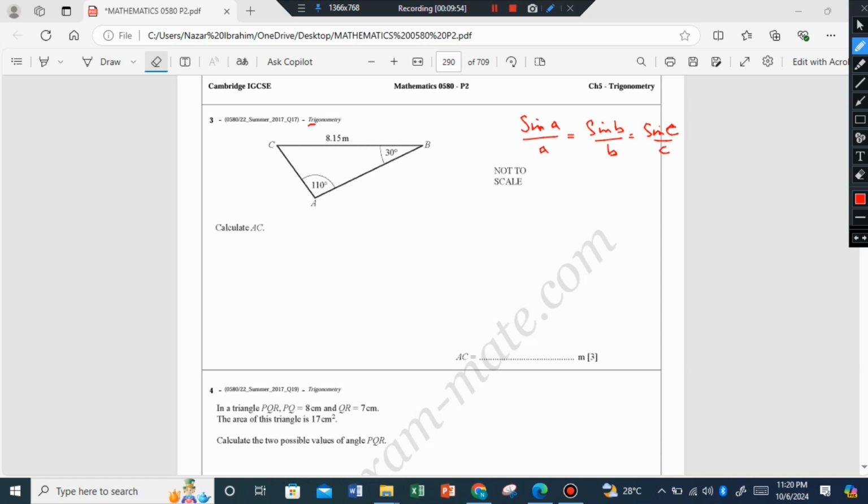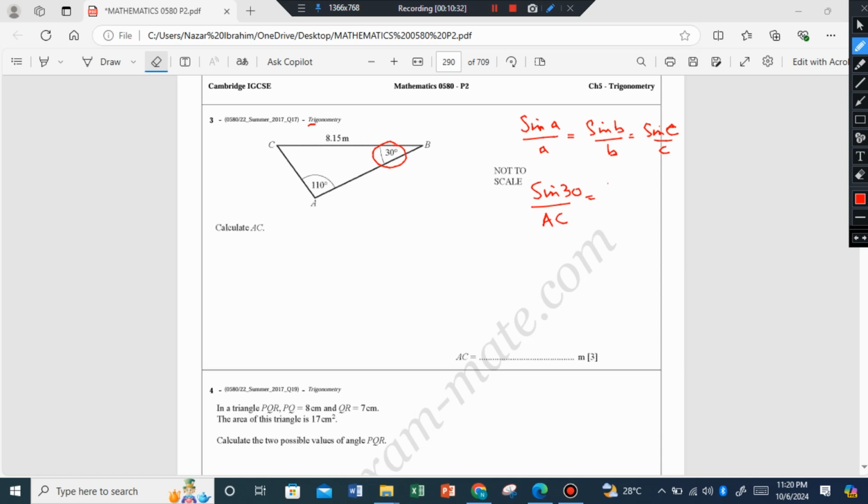This should be known to me and every one of you. What I should have is the side which is unknown to me, and I should know the angle opposite to it, which I can see is known. So sine 30, upon the side opposite which is not known to me, that is AC. Now what two things should be known to me? The one angle and the opposite side.